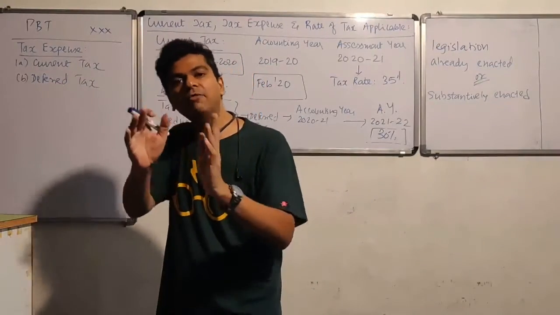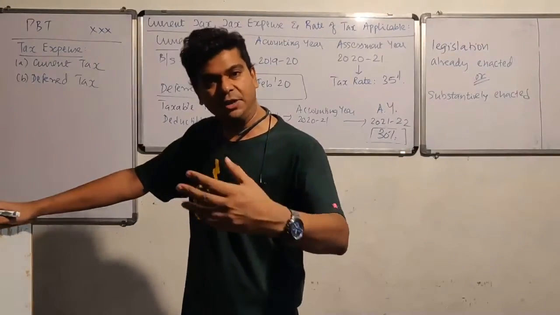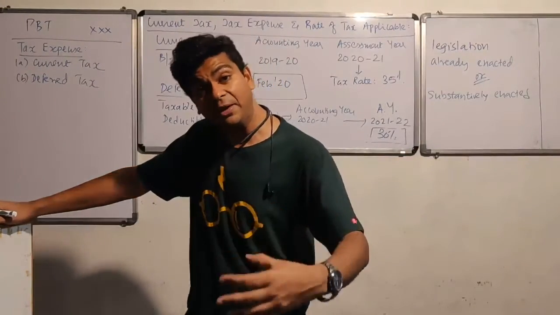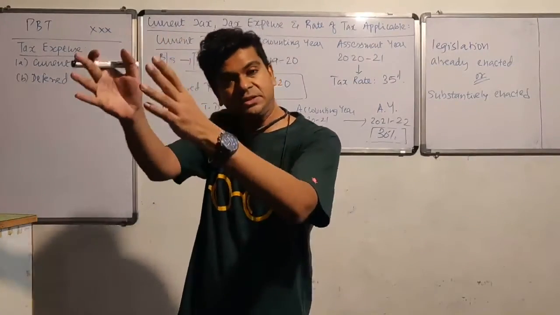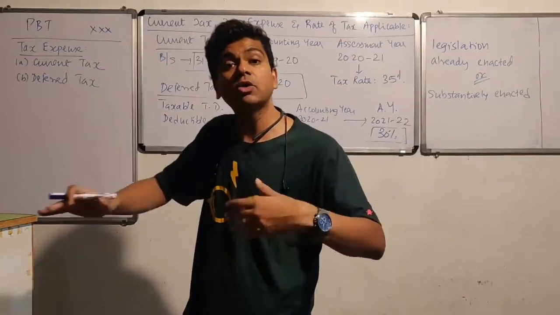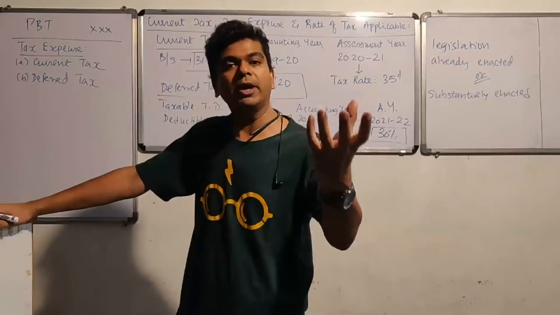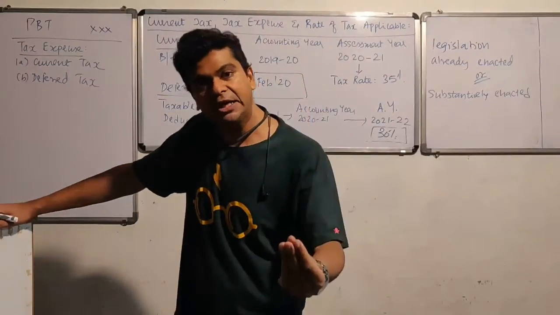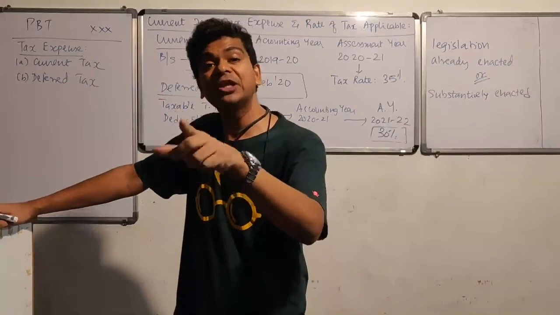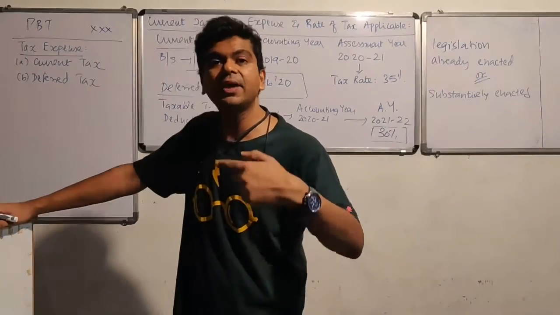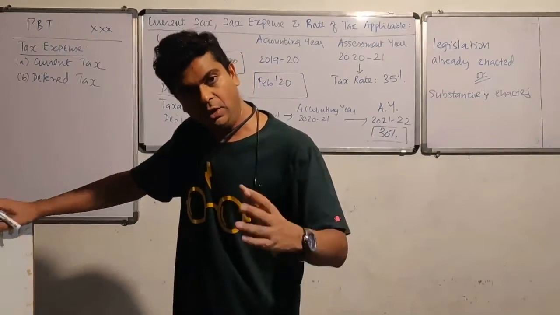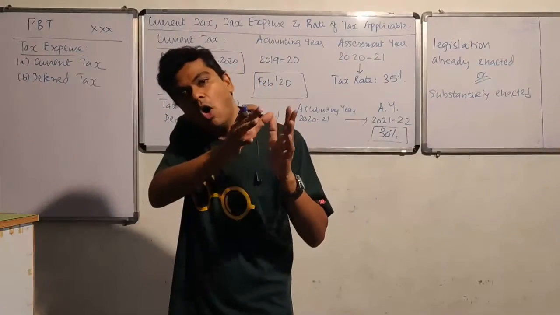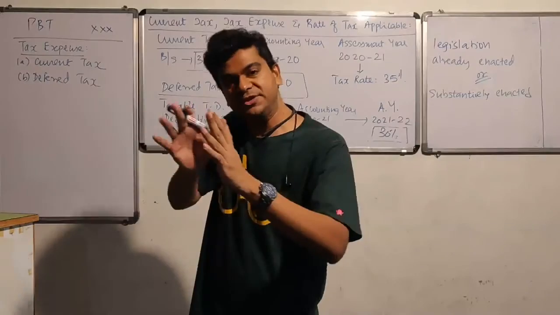Then the Lok Sabha will pass it. Then it will go to Rajya Sabha, where it will be discussed. Then Rajya Sabha will pass that bill. Then it will go to the President. The President will give his or her assent. Then it will become a law. And finally it will be notified in the official gazette. Then and only then can we say it has become a finance act.